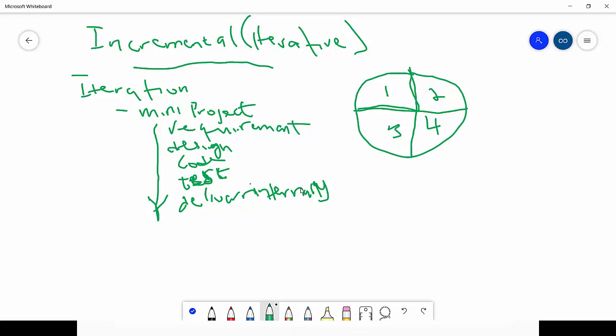Okay, so for every iteration deadline, at the end of each iteration, right, you deliver the fully tested, fully integrated system to your stakeholders, your internal stakeholders, right? So that's what I was talking about here. After each iteration, you deliver to your internal stakeholders.